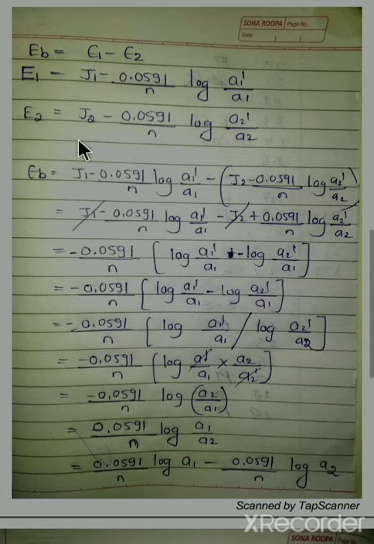Now you simplify. As I told, J1 and J2 are constants, that is the standard electrode potentials. Both are of opposite signs, so J1 and J2 cancel, and you are left with the log terms. From these two terms you take 0.0591 by N common, and put the remaining in a bracket. The remaining is log of a1 dash divided by a1 minus log of a2 dash divided by a2.